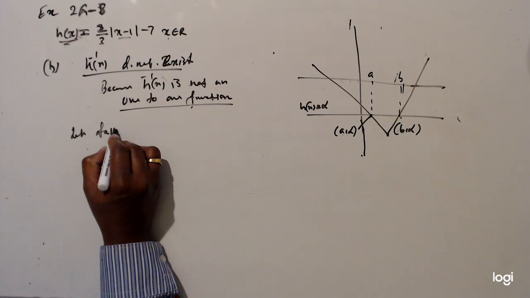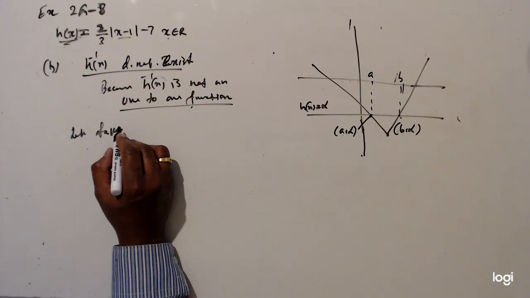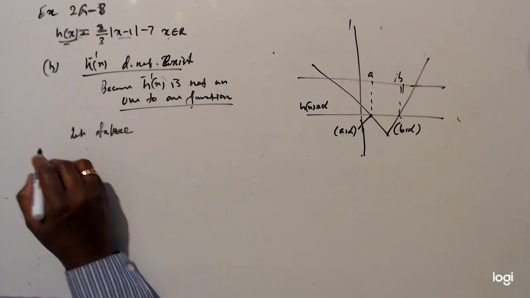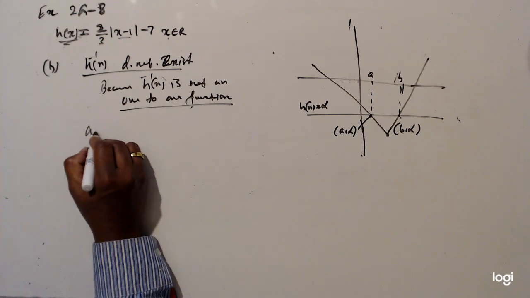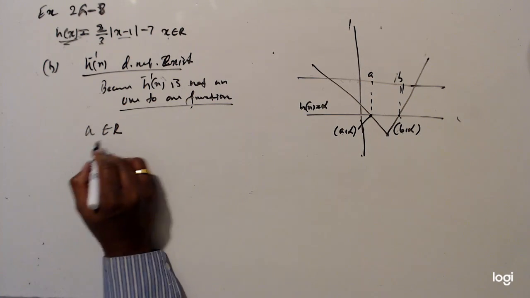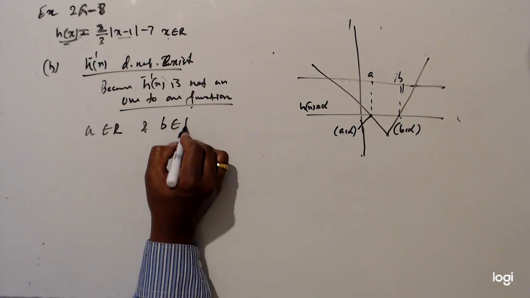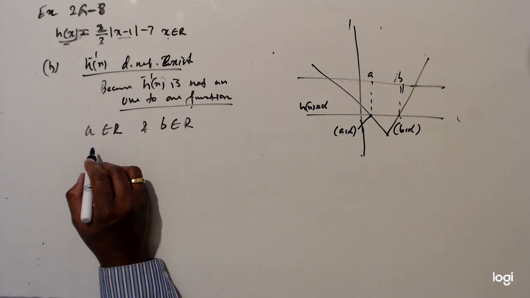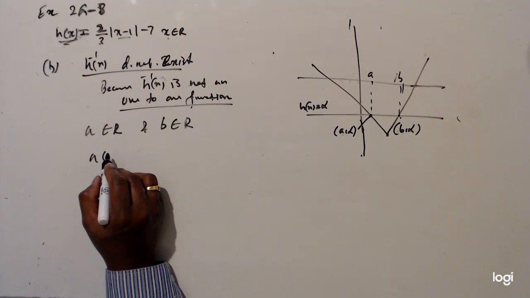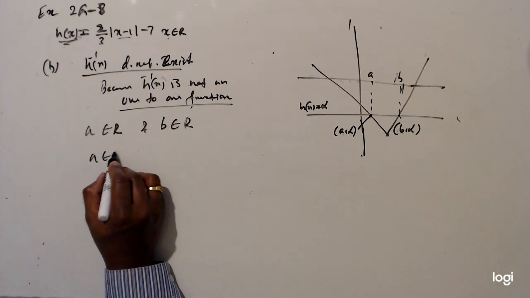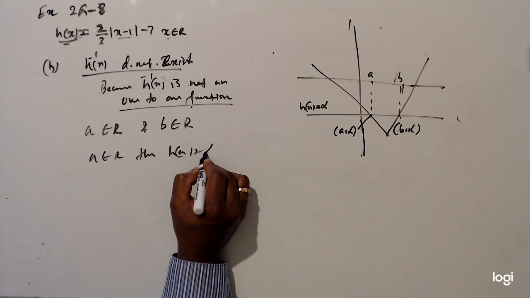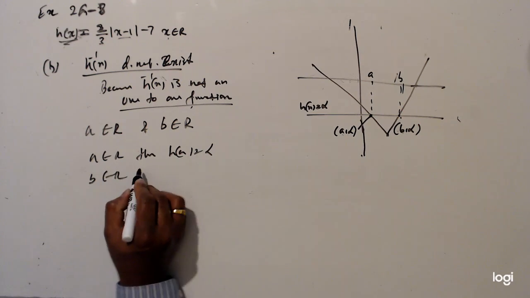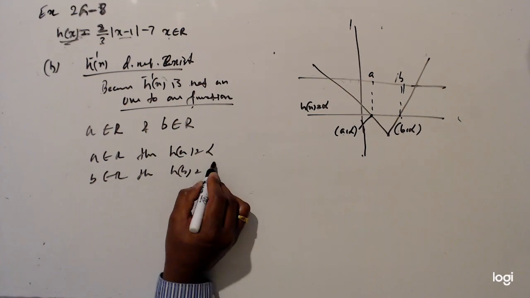Let's write a is an element of R and b is an element of R. Then h(a) is alpha, so an element of R, then h(b) is alpha.